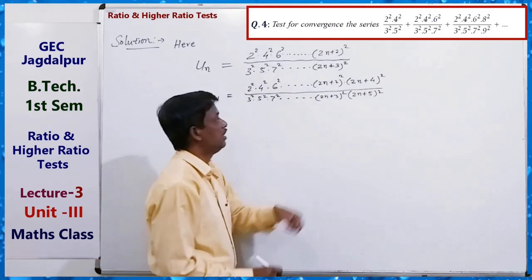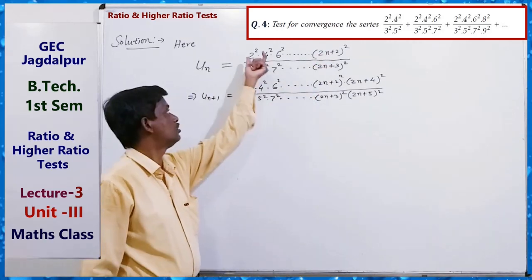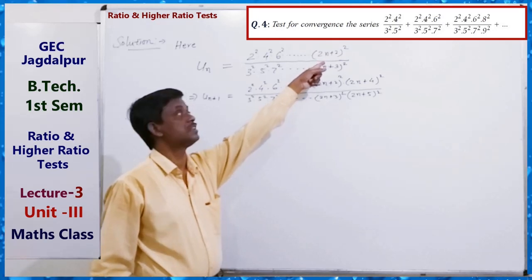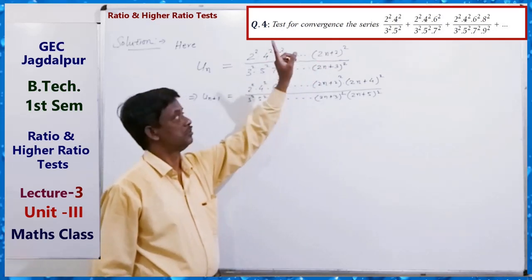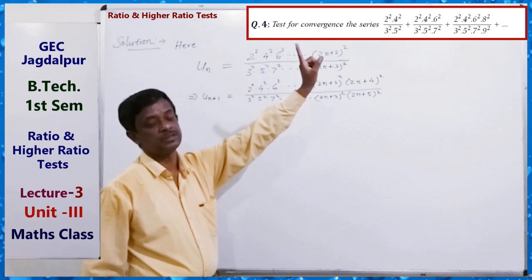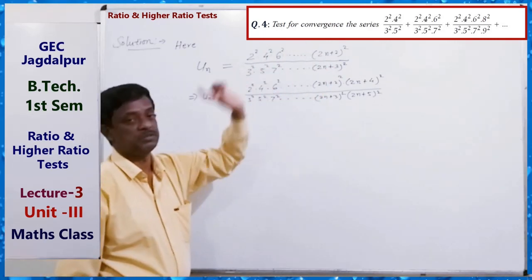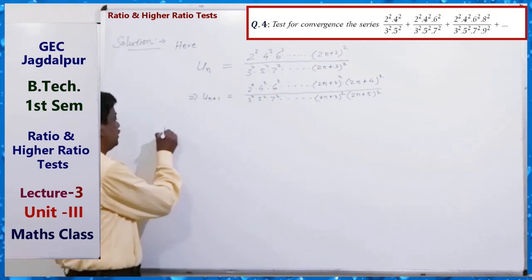That's why n equals to 1, then 4, so two terms. N equals to 2, then 6, 3 terms. So 2 terms, 3 terms, 4 terms, and so on. So un term is this.